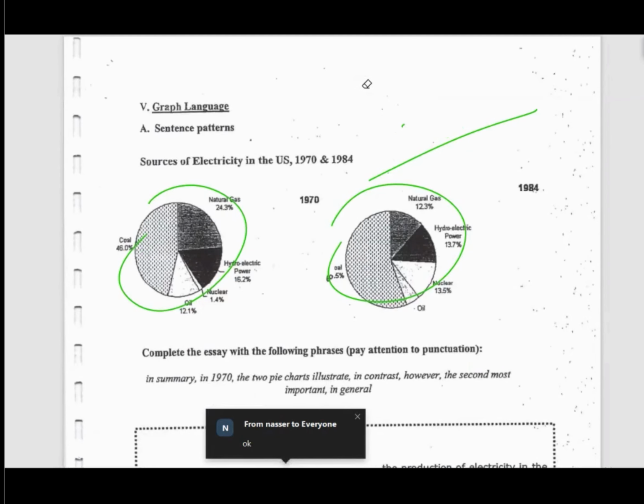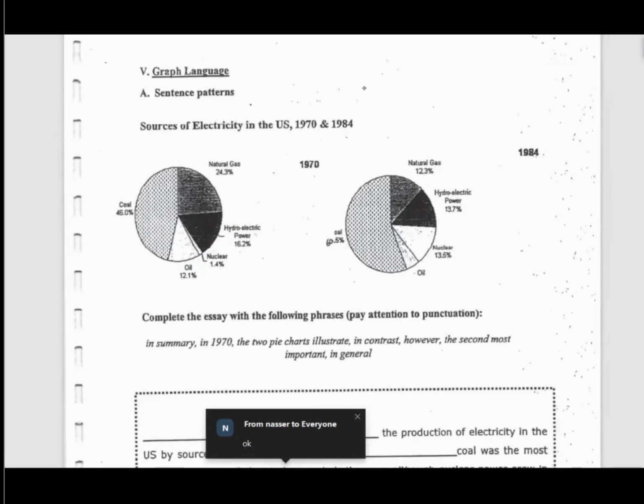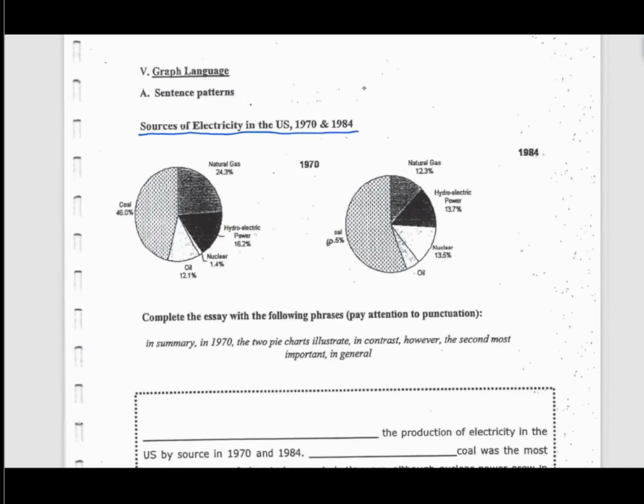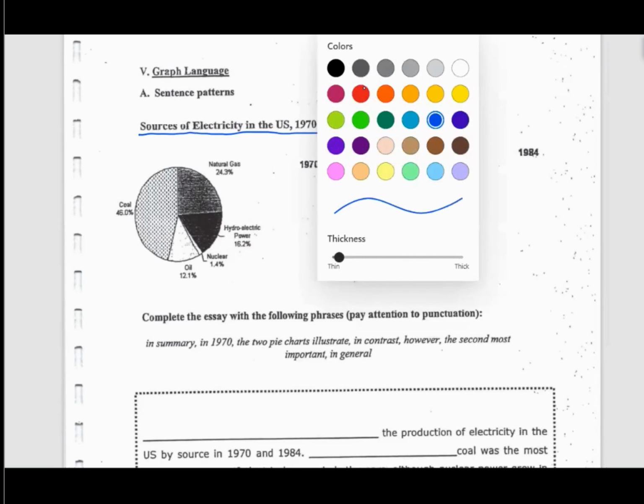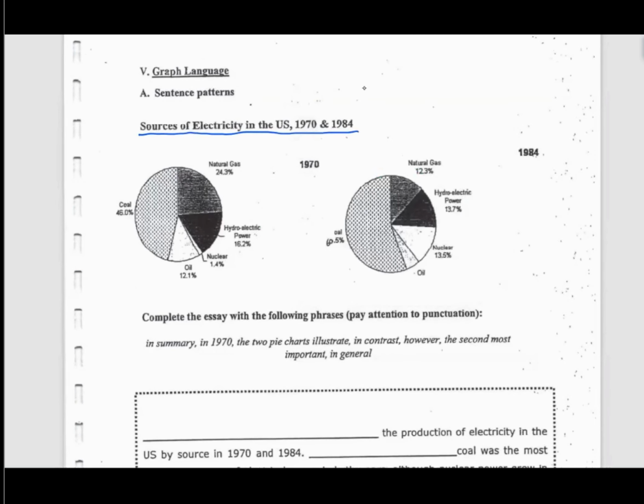This is an example of pie chart here. And it's about sources of electricity in the US in 1970 and 1984. What is the trend here?